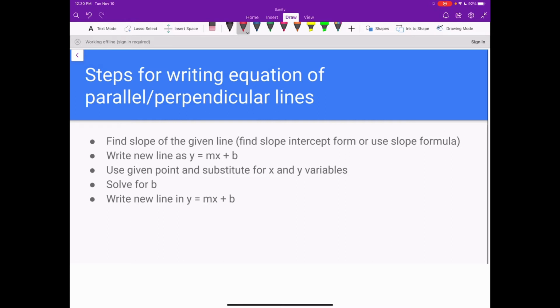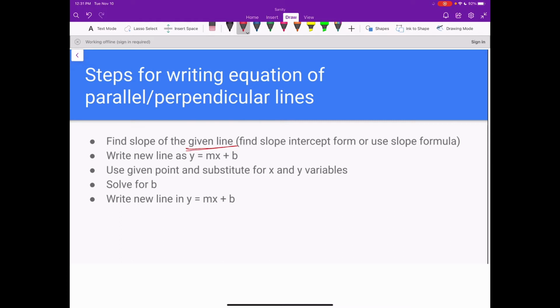Okay, so if you wanted some concrete steps to follow for finding equations of parallel or perpendicular lines, this might be something that you want to write down. First, the problem is going to say something like, given this equation of a line, find an equation of a line that's perpendicular to it that goes through this point. So first you need to find the slope of the given line.